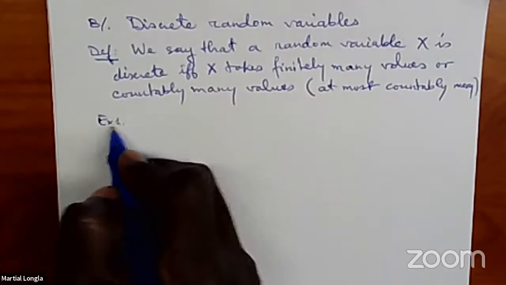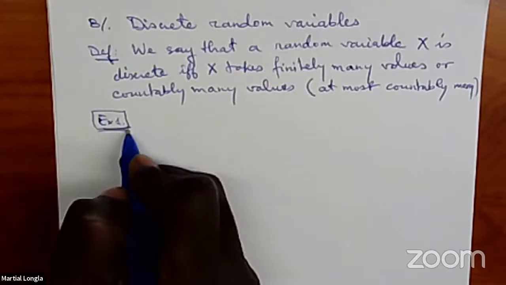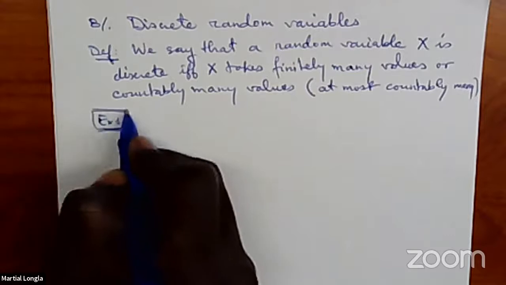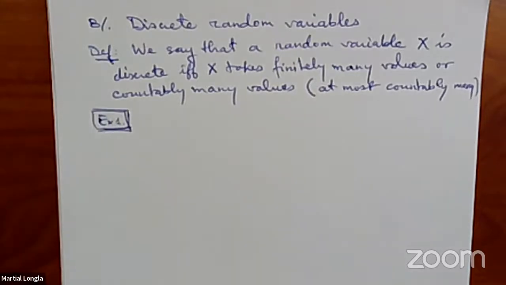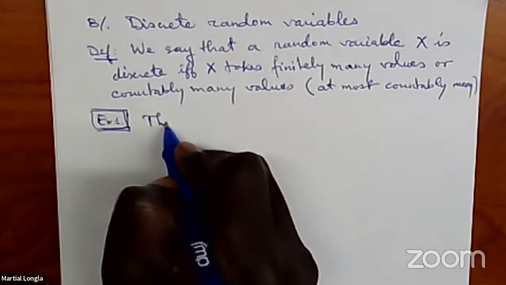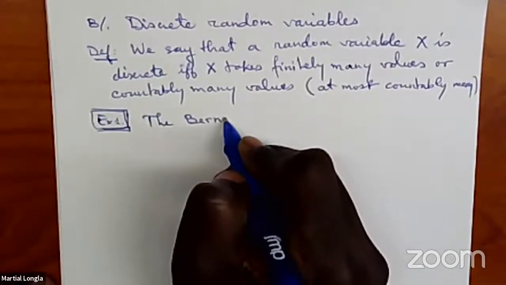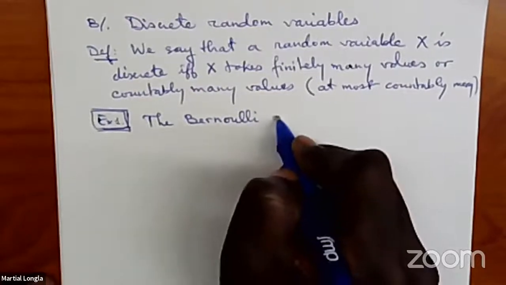Example 1, and these examples now are very important. They are specific distributions that we will use later on in this class. Example 1, Bernoulli random variable.